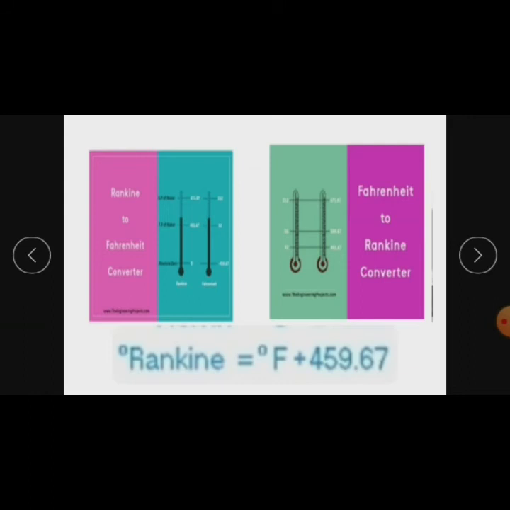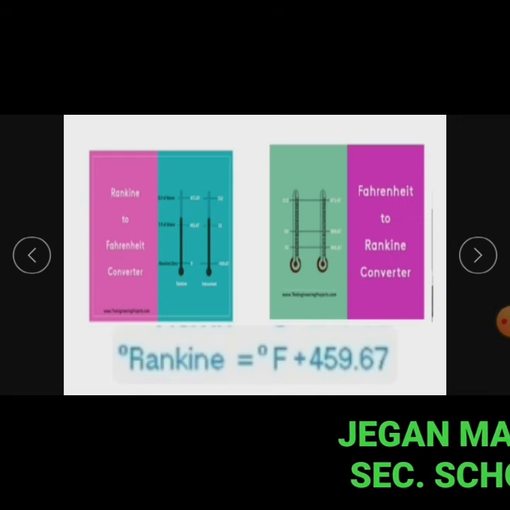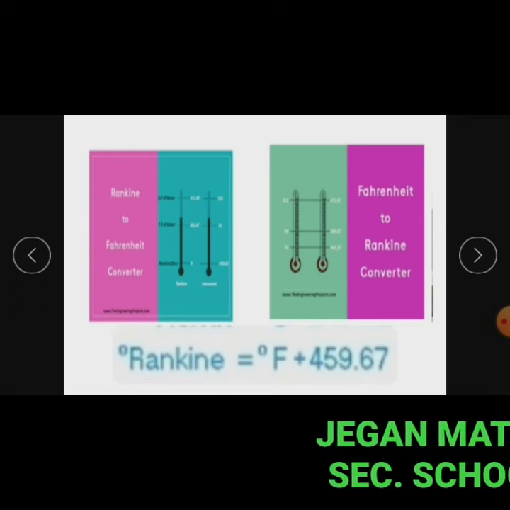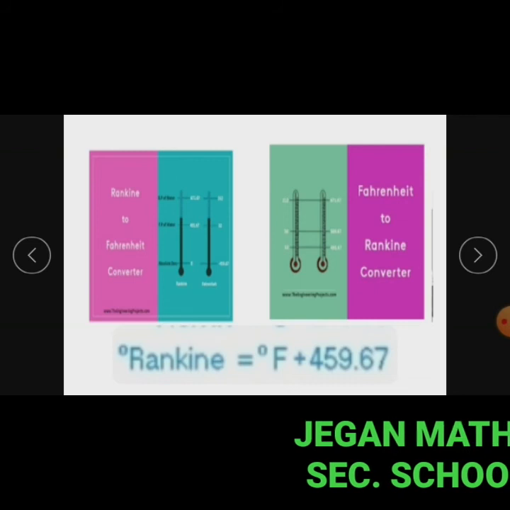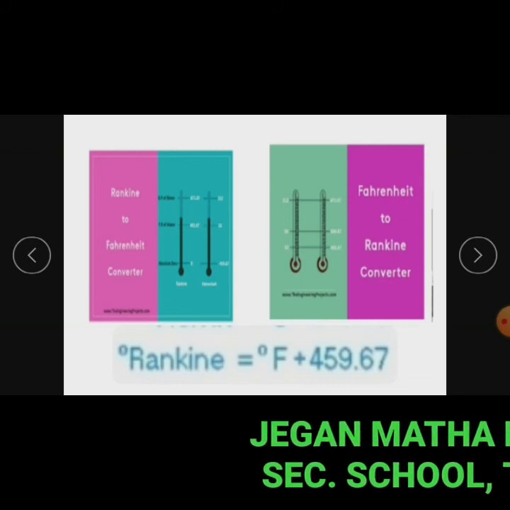Fahrenheit users who need to work with absolute temperature can convert to Rankine by Rankine equals Fahrenheit plus 459.67. Here, a Rankine to Fahrenheit converter and Fahrenheit to Rankine converter are shown.